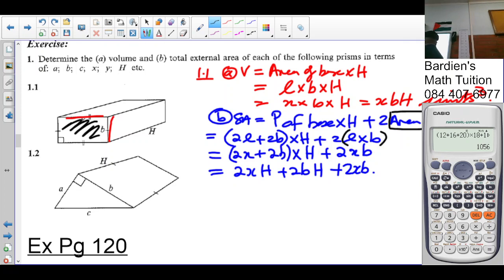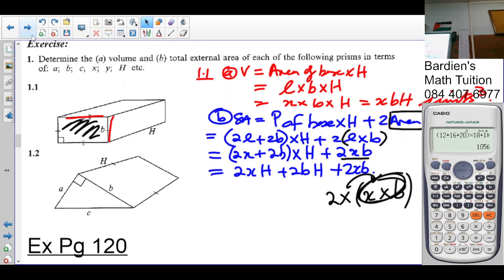Length times breadth. What's my length? X. So it's 2 times X times B. Right? And what's X times B? XB. 2 times XB? 2XB. Okay.